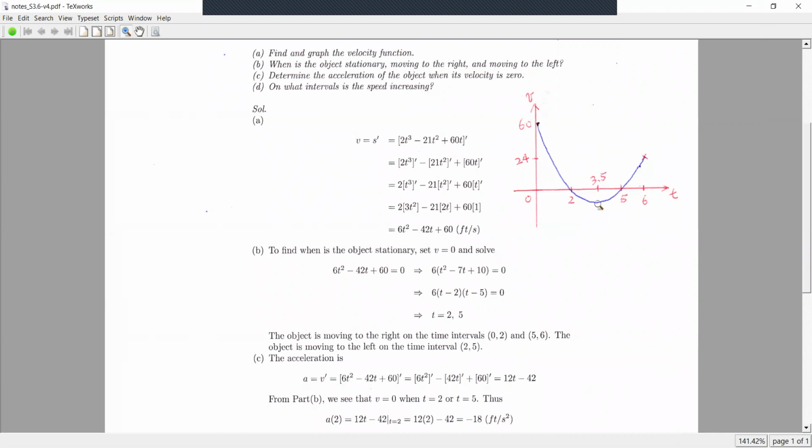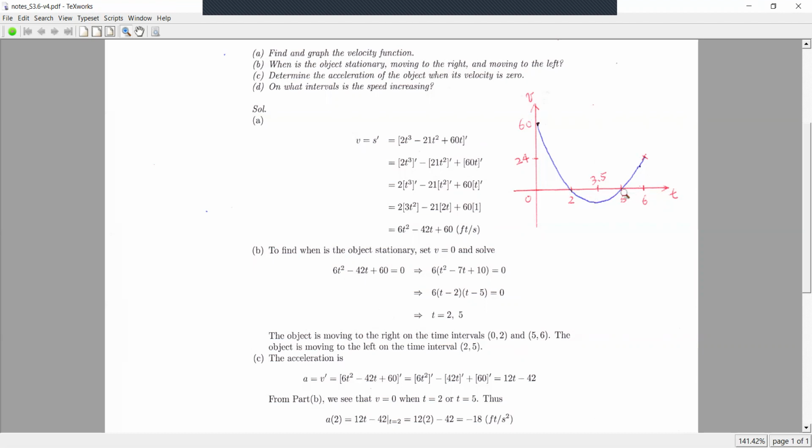Take the absolute value on this portion, then we get an increasing curve. So on this time interval from 2 to 3.5, the speed is increasing, but the object is moving in the negative direction, namely, moving to the left of the origin.